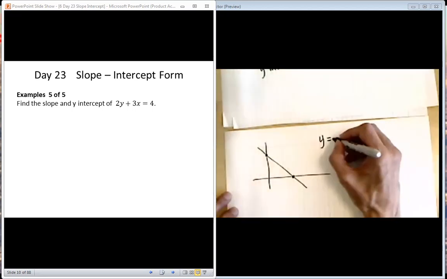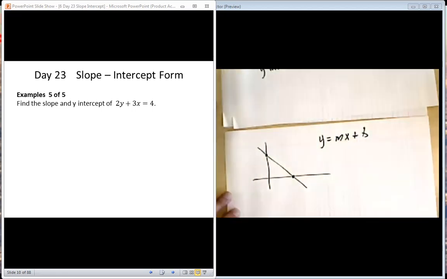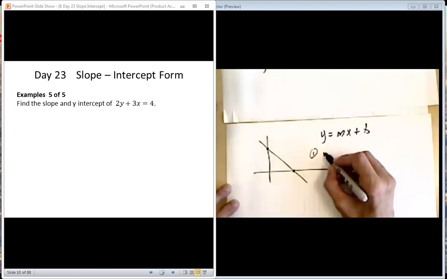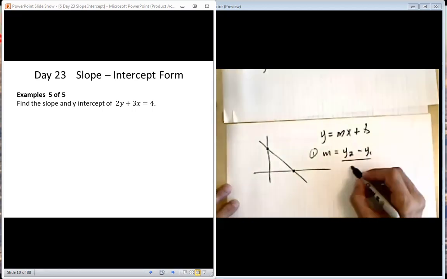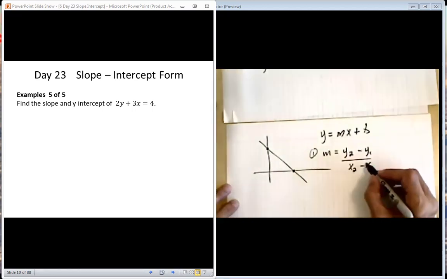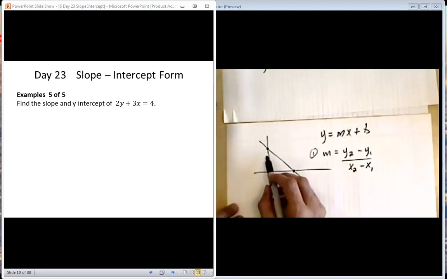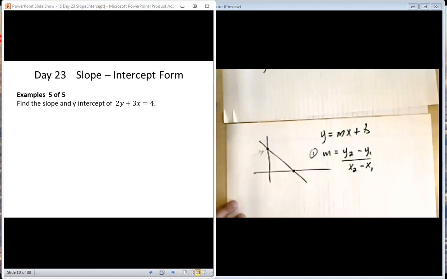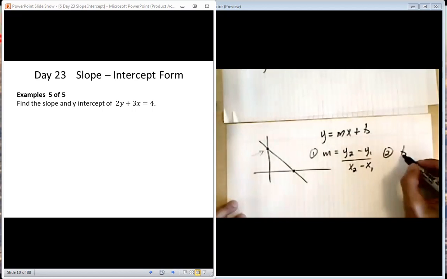It's the same challenge to figure out what the equation is. And so what you have to do first is find the slope using the formula like we did yesterday. And then also read off what the y-intercept is going to be. And that takes care of the second part. You get what b is. Then you just put them in there.